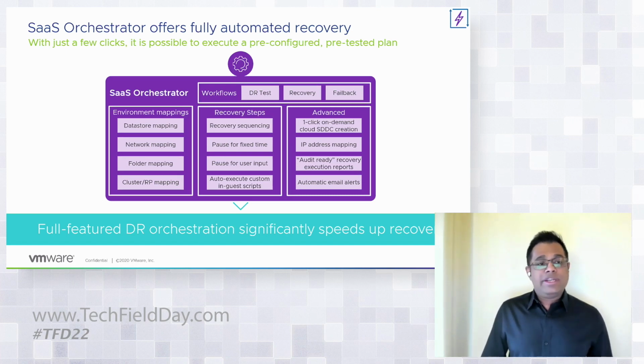And there's some advanced capabilities as well. So first of all, you're able to, from within the VMware Cloud DR UI, spin up that SDDC, add hosts, add clusters, add networks to it, configure the firewall rules. But to be noted, you are also able to do that directly via the VMware Cloud Console if you prefer, and that does give you a greater variety of options as to what you can configure on that SDDC.